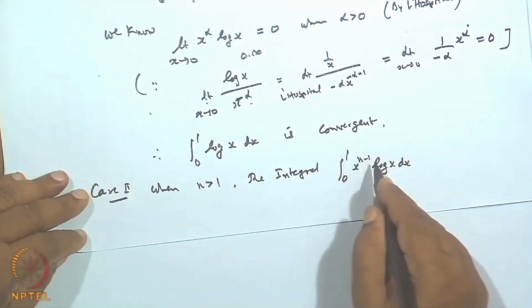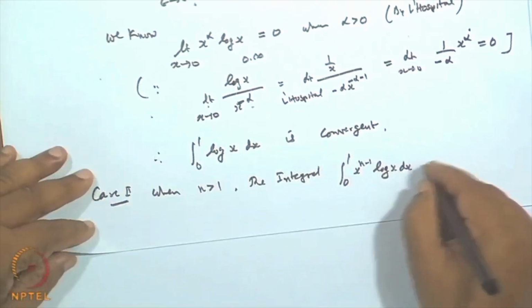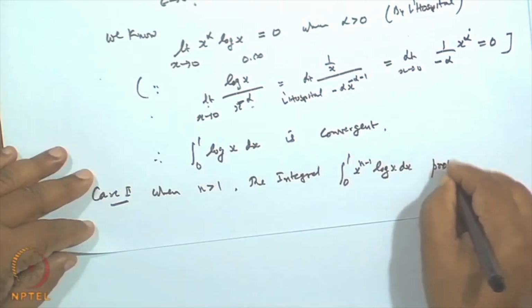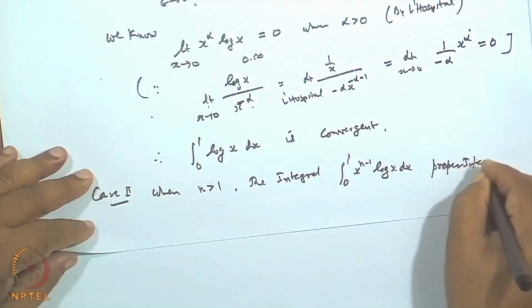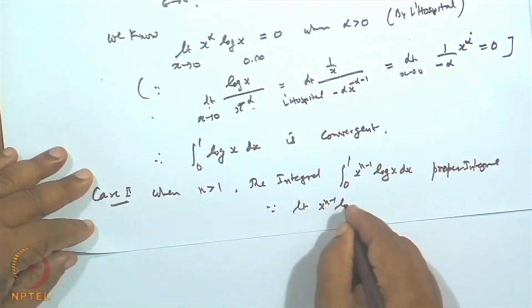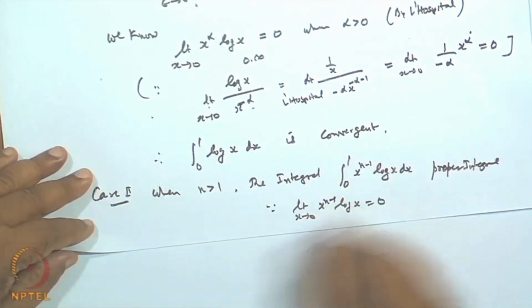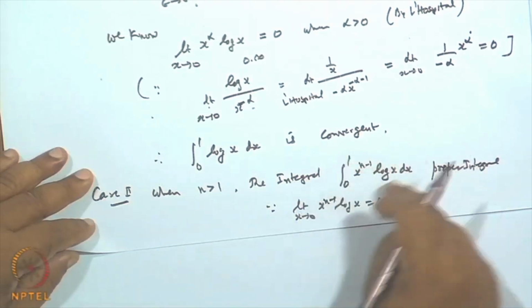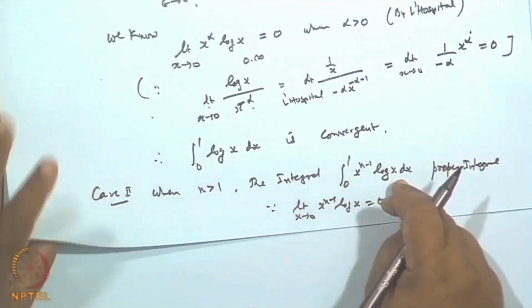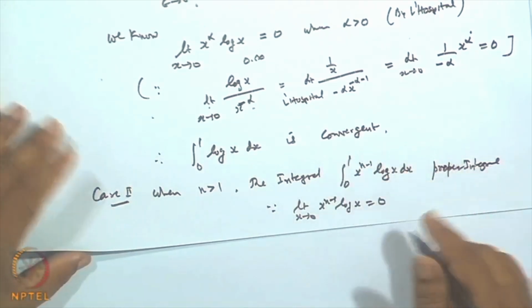Therefore, this integral is a proper integral, because the limit of x to the power n minus 1 log x as x tends to 0 is 0. So this limit is 0, meaning it is finite and does not go unbounded. So it is a case of a proper integral, and it will be convergent.